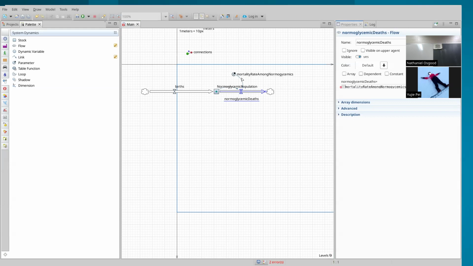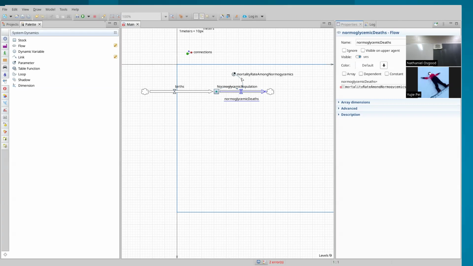But for each person in this state, there's going to be some probability, given by this mortality rate among normal glycemics, probability per year of them dying. And that's why this formula is going to give us people per year.